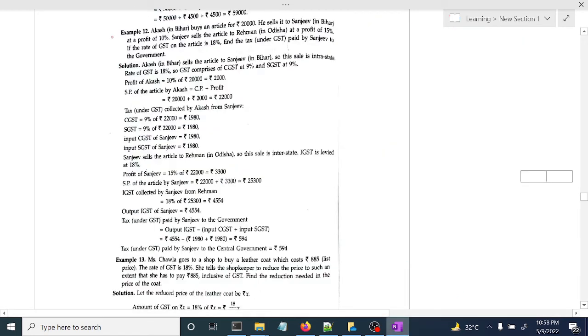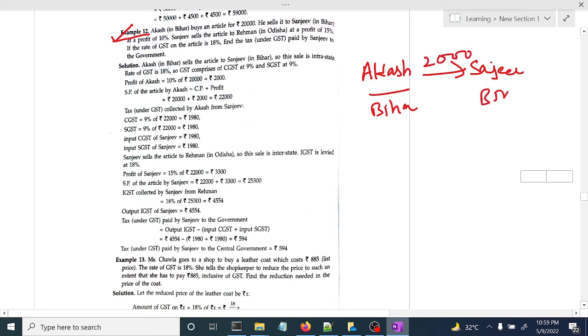Last example I am taking today. After this we'll move to exercises. I had a plan to cover all 15 or 16 examples, but now we are just covering example 11 to example 12, and then we'll start the exercise. So this is very easy. Akash lives in Bihar. He sells to Sanjeev, who is also in Bihar, an article for 20,000 rupees, and he is giving 10% discount, right?